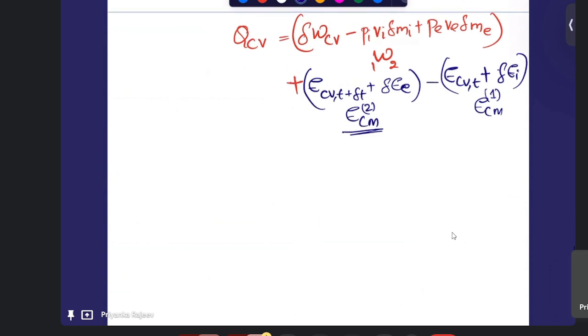Now expanding this ECM of 2 and ECM of 1, I'll be getting QCV equal to delta WCV plus delta WCV plus EE plus PEVE delta ME.